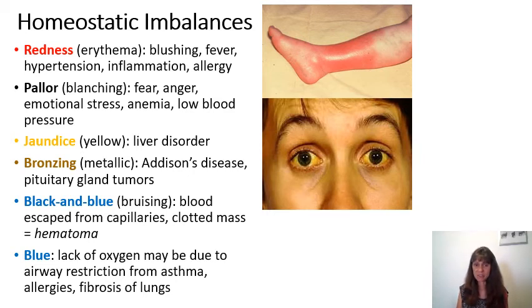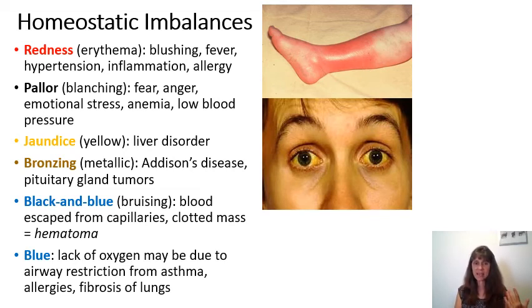Jaundice is a yellowish appearance of the skin, often caused by a liver disorder, and it usually doesn't just affect the skin. You can see in this picture the gentleman's whites of his eyes, the sclera, are turning yellow as well. We see that in mucous membranes of the gums of people who are really badly jaundiced.